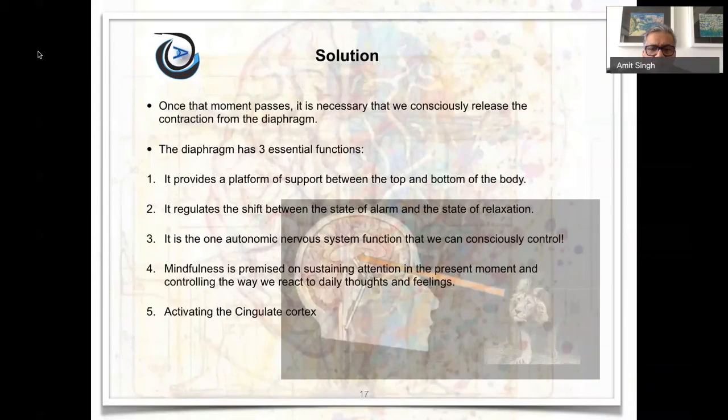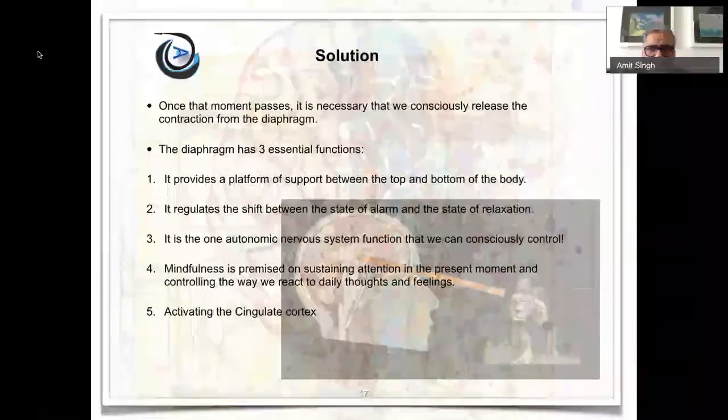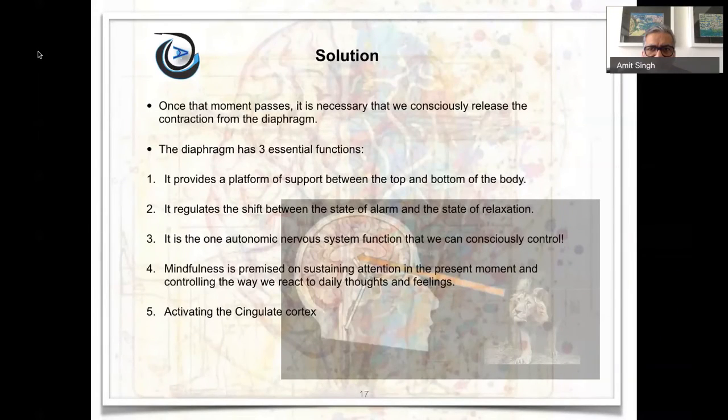Scientists used to wonder how mindfulness or meditation would help. They observed that a particular part of the cortex is activated during mindfulness, meditation, and deep breathing, which ultimately has the effect of releasing and decluttering, providing enough room for you to maneuver and pay attention to the task in hand. So activating the cingulate cortex is a scientific solution which has been found.